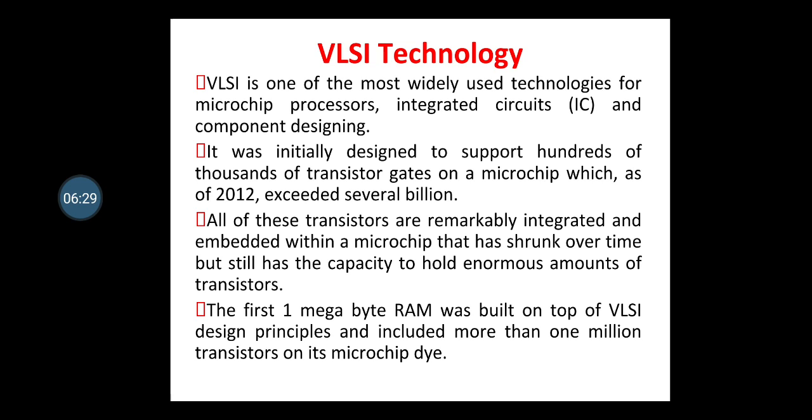We have already seen that in the last table. All these transistors are remarkably integrated and embedded within a microchip that has shrunk over time but still has the capacity to hold an enormous amount of transistors. The first 1 megabyte RAM was built on top of VLSI design principles and included more than 1 million transistors on a microchip die. VLSI began in the 1970s when complex semiconductors and communication technologies were being developed.